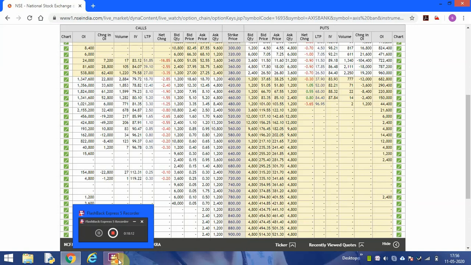You have to see which candle is formed on the daily chart. Then use the 5 indicators which I told you. Then see the open interest. Note down where the major open interest is. Please remember, these open interests change in the live market, so you can watch there also.